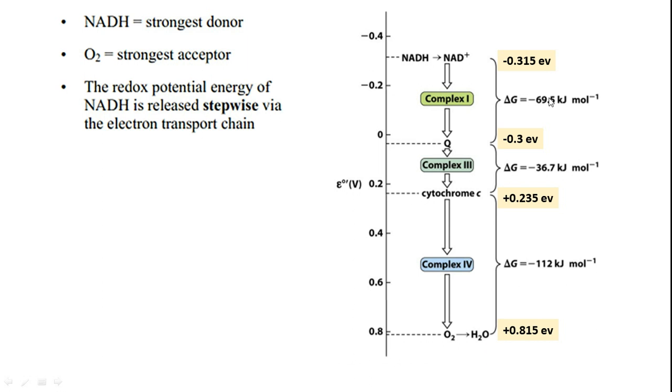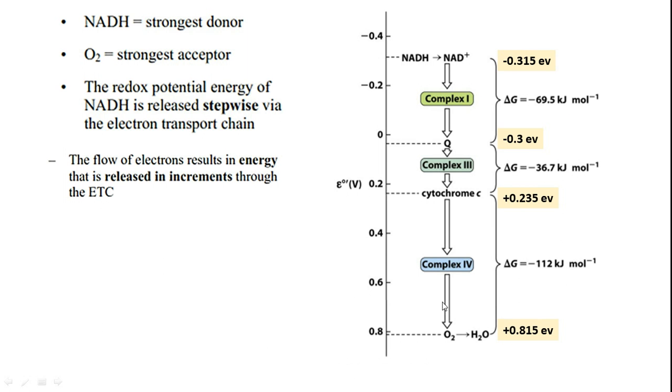Here you can see the delta G value between complex to complex. Here the delta G value is minus 69.5 kilojoules per mole, here it is 36.7, and from complex 3 to complex 4 the energy is minus 112 kilojoules per mole. The flow of electrons results in energy that is released in increments through the electron transport chain.